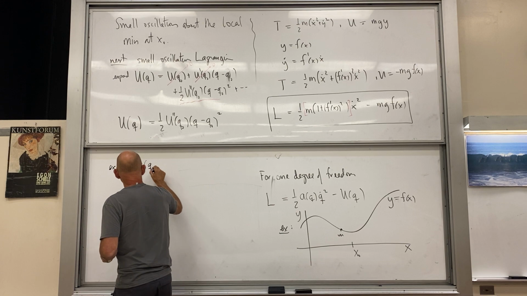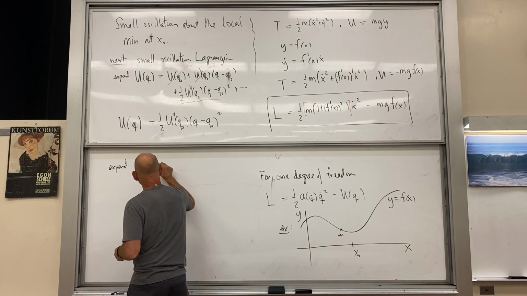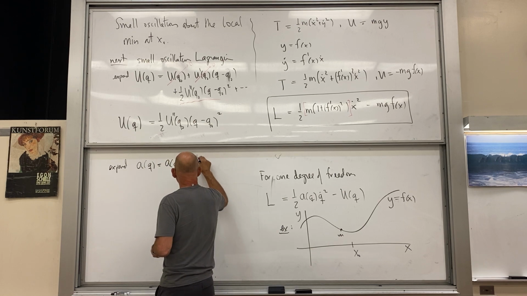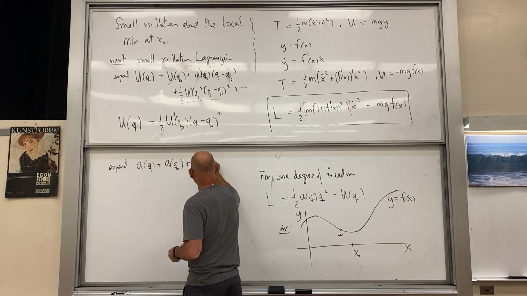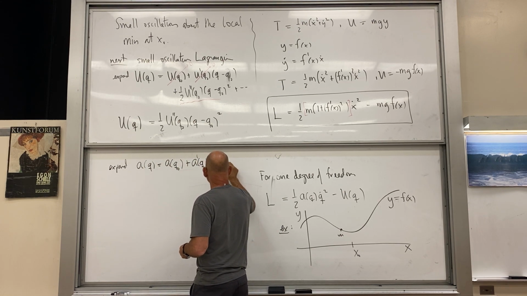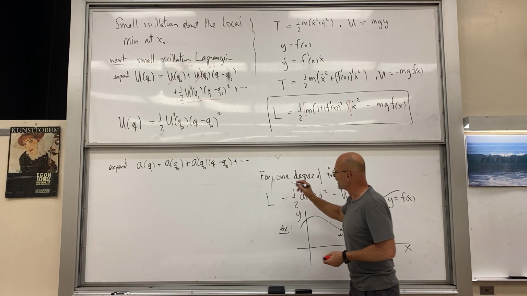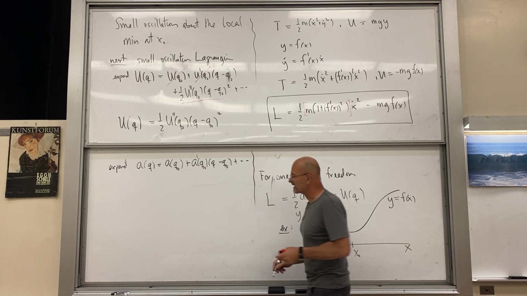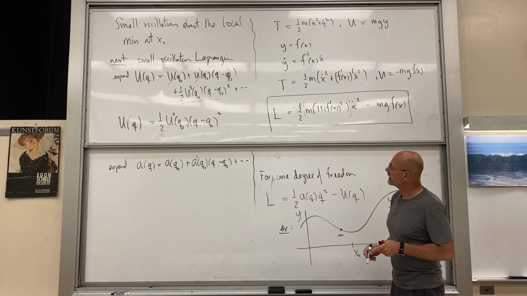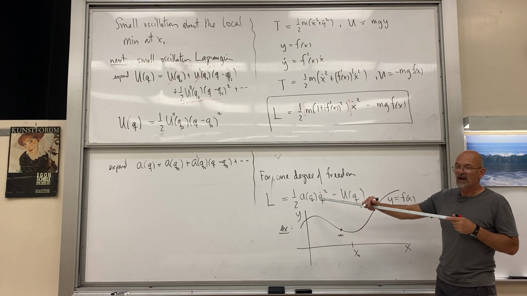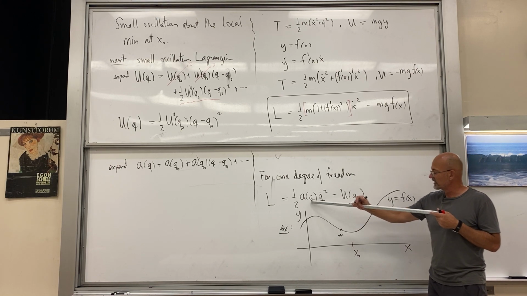A of Q equals A of Q0 plus A prime of Q0, Q minus Q0, plus and so on. Okay, so A of Q we don't expand to second order. The reason is this: we're trying to get a small oscillations version of this Lagrangian.